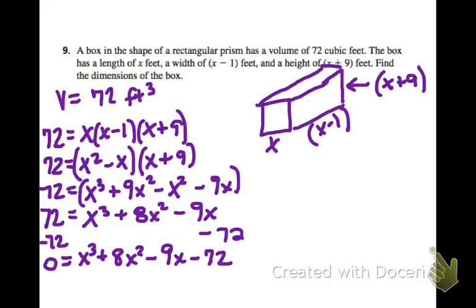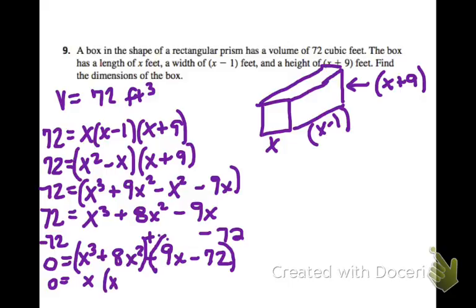We can start factoring by grouping since we'll have 4 terms. Okay? So we will first factor the common factor between x cubed and 8x squared. So we will factor out an x.